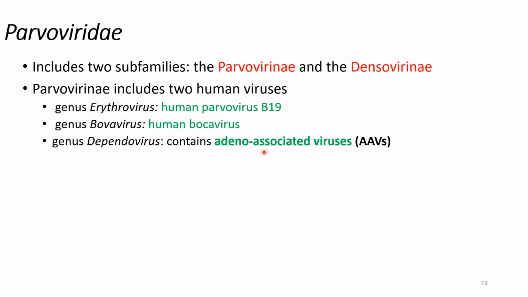And these properties and their propensity to integrate into the host chromosome made them a nice tool to develop genetically modified adeno-associated virus candidates that can be used in gene replacement therapy.